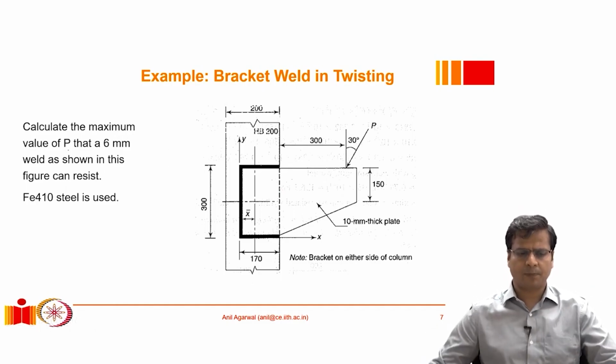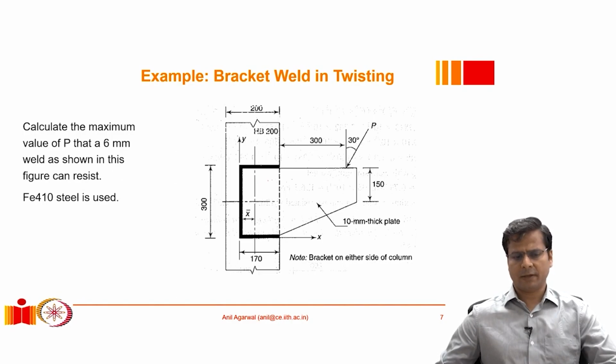So there will be a force that will be acting because of this, and assuming that this bracket plate is very stiff, we can make a deduction that the different portions of this weld will be deforming by the same amount. Another assumption that we can make is that all these small segments of the weld are having equal stiffness when they are subjected to this force.